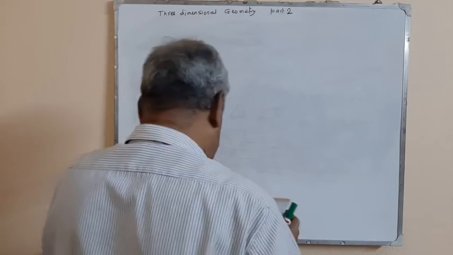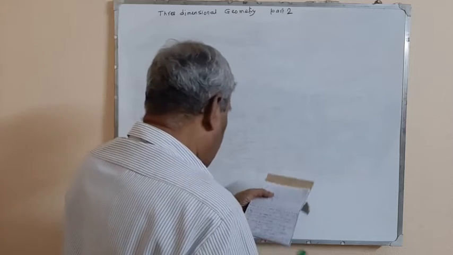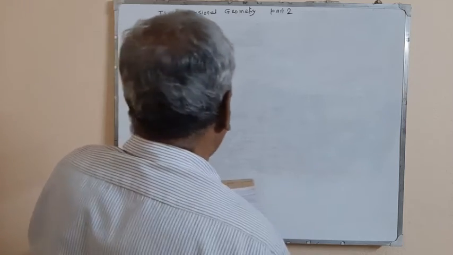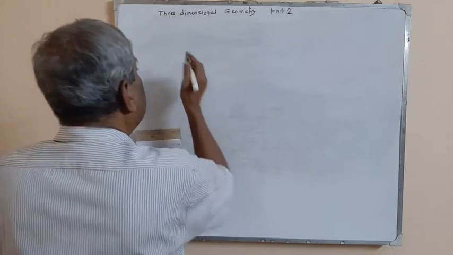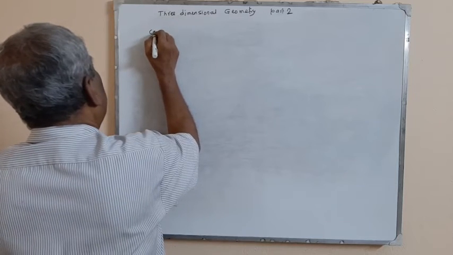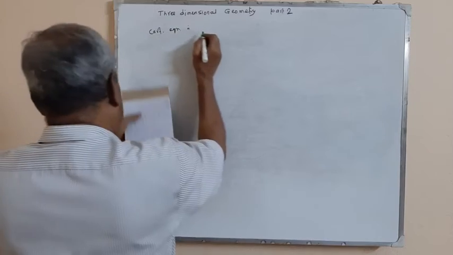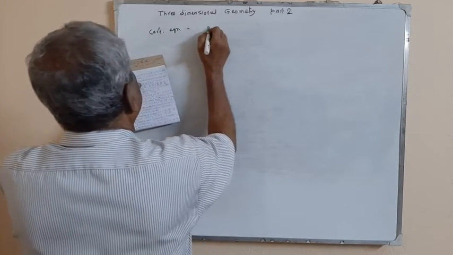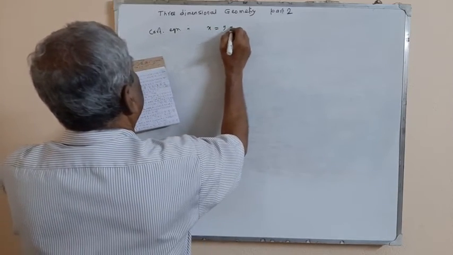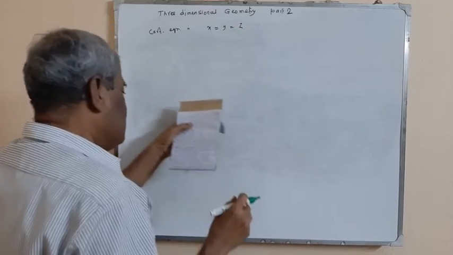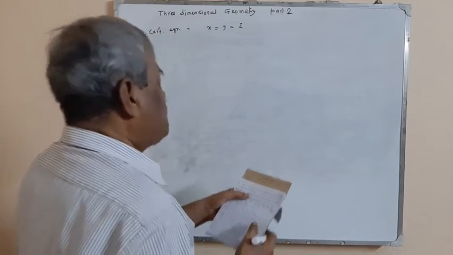Next problem is the vector equation of a straight line whose Cartesian form is x is equal to y is equal to z. This is the Cartesian equation of a straight line.